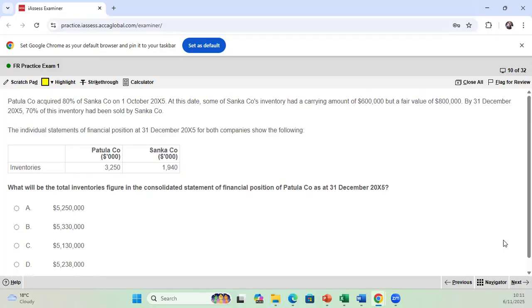But in this case, we do not add all of it because some of the inventory was sold during the year, and what we are consolidating is the inventory we have at the end of the year. If all of it were still there, we would add the full fair value adjustment to parent plus subsidiary. But it is not all there: 70% was sold, leaving 30%. They had used the carrying amount of 600, having recorded it at a lower carrying amount.